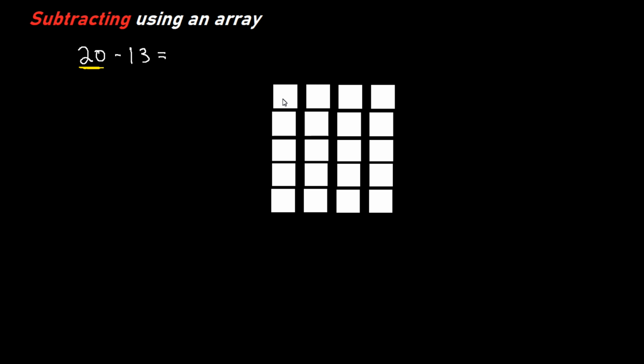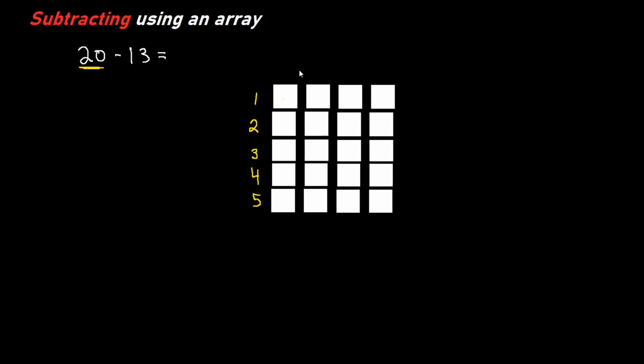So here we have 1, 2, 3, 4 in the first row, one time, 1, 2, 3, 4 in the second row, a second time, again in the third time, a fourth time, and a fifth time. Now we have the columns up and down. In these columns I have 1, 2, 3, 4, 5.